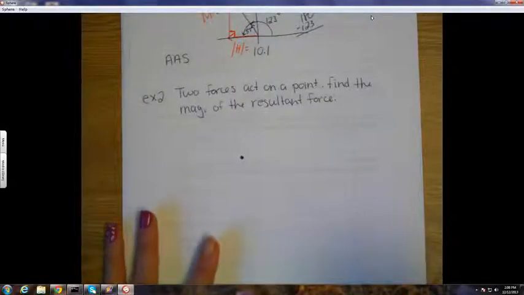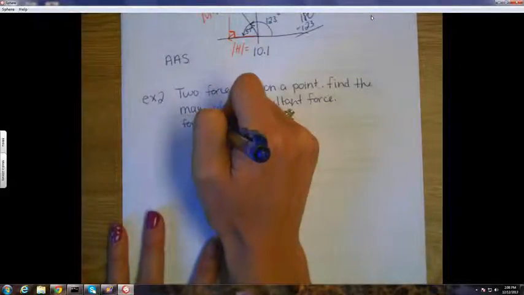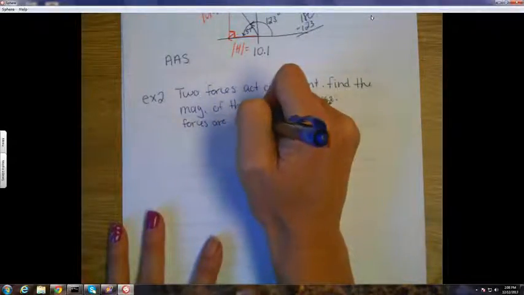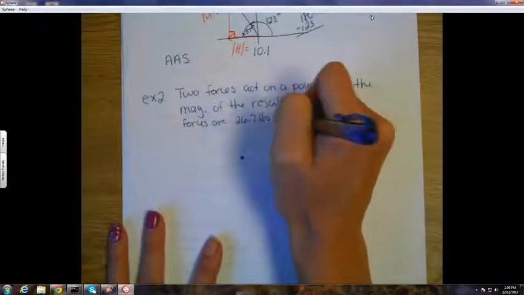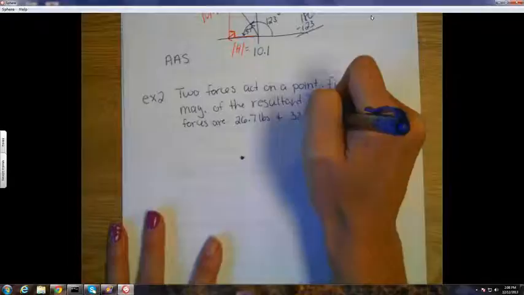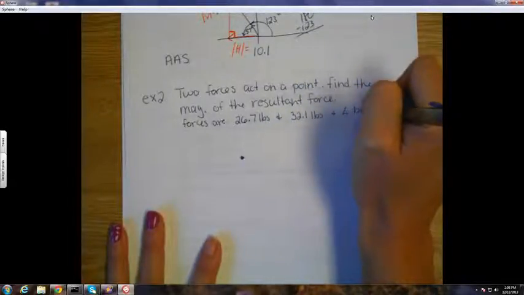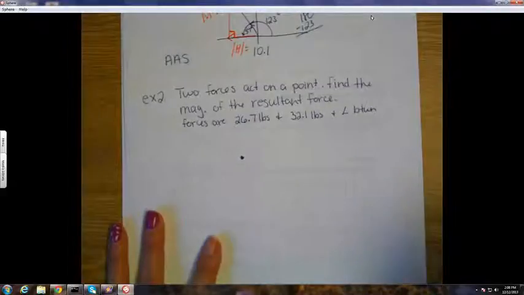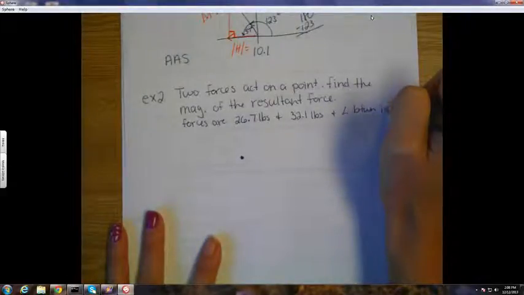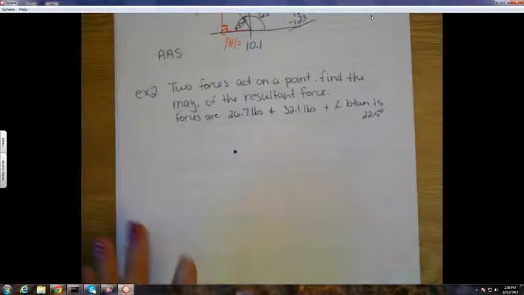The forces are 26.7 pounds of force and 32.1 pounds of force, and the angle between the ropes, or between the forces, is 22.5 degrees. Okay, draw a picture of that, then we'll find the resultant force.